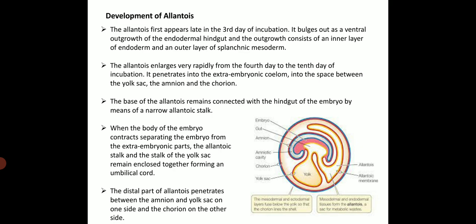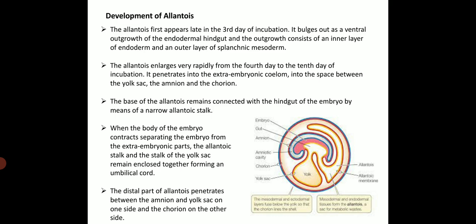Next, the last fetal membrane, the allantois. The allantois first appears late in the third day of incubation. It bulges out as a ventral outgrowth of the endodermal hindgut, consisting of an inner layer of endoderm and an outer layer of splanchnic mesoderm.